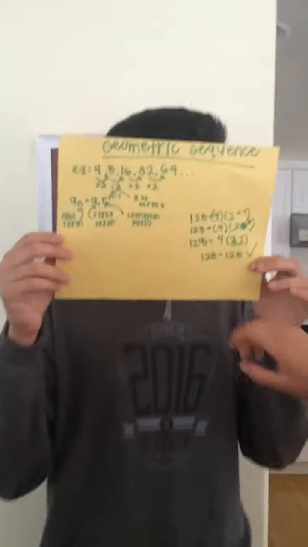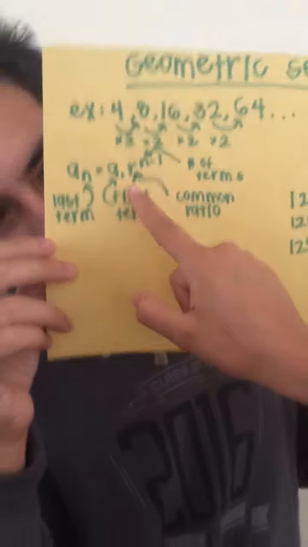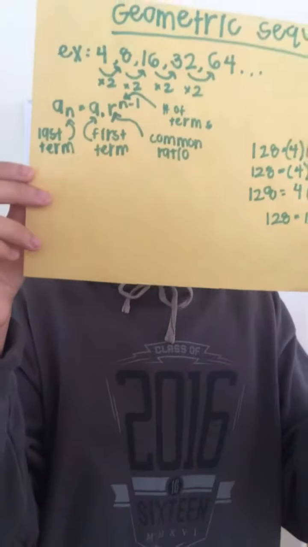This is geometric sequence, and so you have to find out the pattern, and for this pattern, it's times 2. In geometric, you always multiply. So this is the formula. It's An equals A1 times R to the power of (n minus 1).